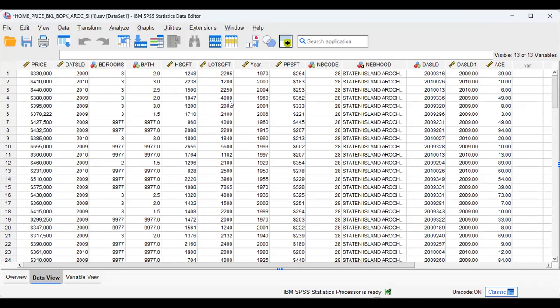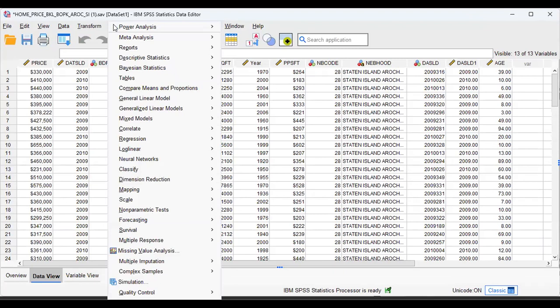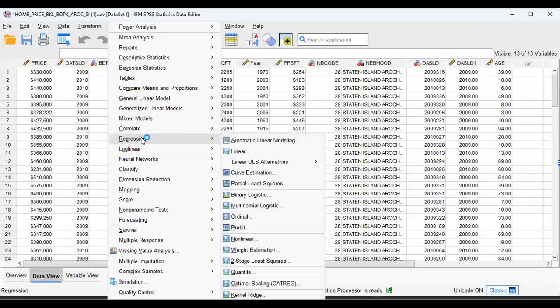So that can create a problem of multicollinearity, because you will not be able to separate the effect of the lot size from the size of the living space in the house. Okay. All right. So you go to Analyze. Always, when you want to analyze, you must begin from Analyze, then Regression. Okay.